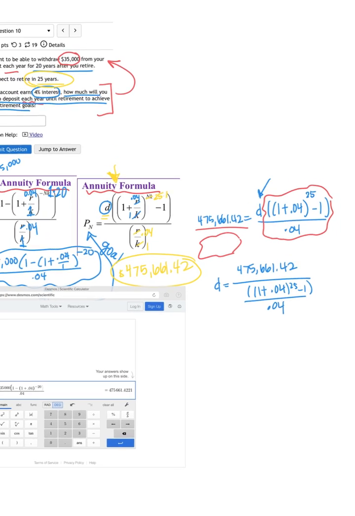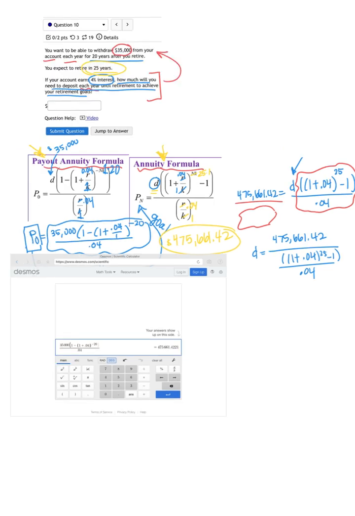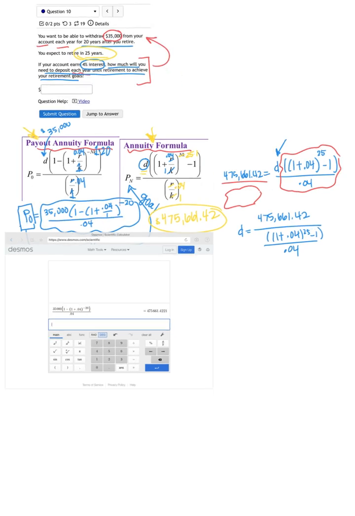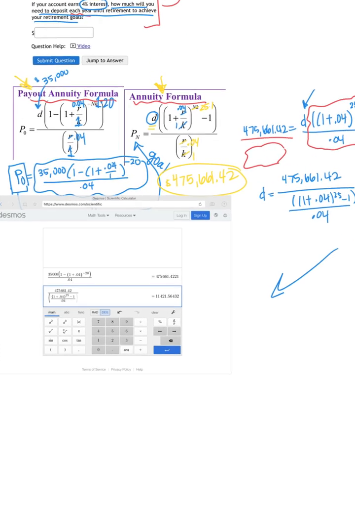And so then I enter that into my calculator, again using my fraction button to put the fraction in the denominator there. It looks like my total is going to be $11,421.56.